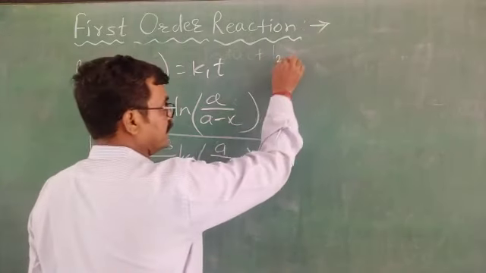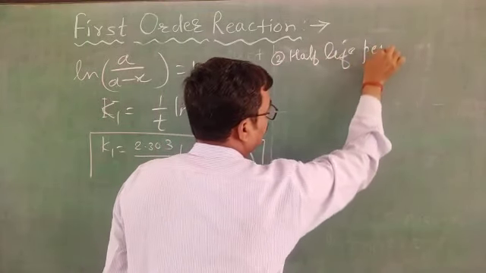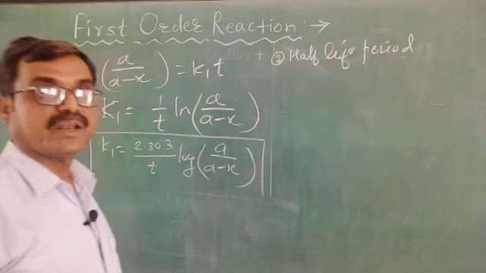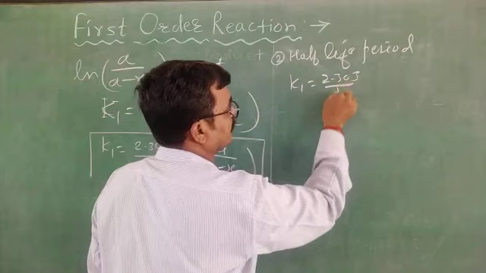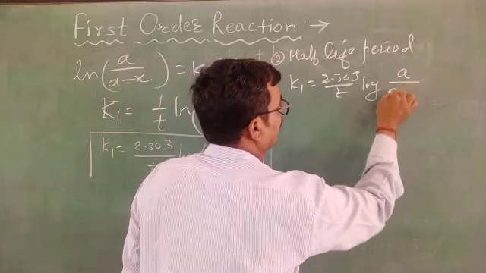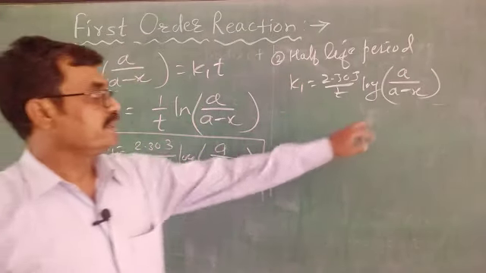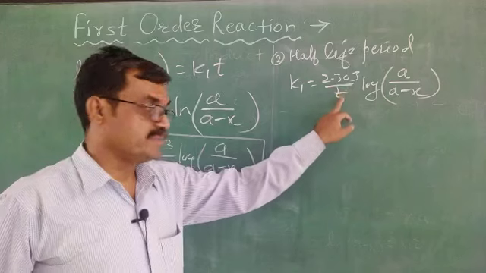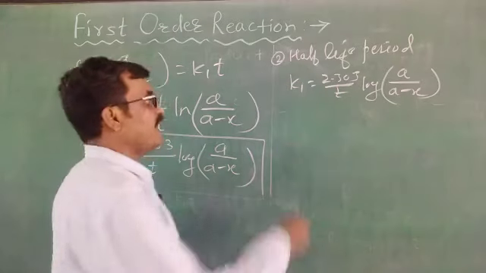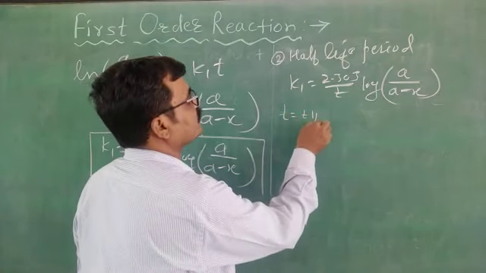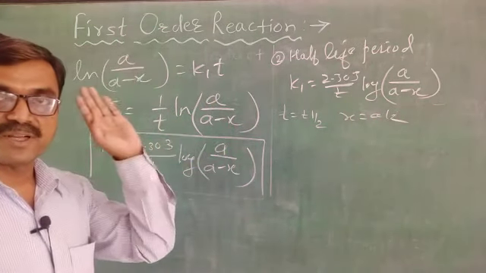You know the rate equation for first order reaction is k1 equals 2.303 upon t log to the base 10 a upon (a minus x), where a is the initial concentration of the reactant, a minus x is the concentration of the reactant at time t, and k1 is the rate constant of first order reaction. Now at half life, this t is equal to t half and x is equal to a by 2. We saw it in first order reaction.